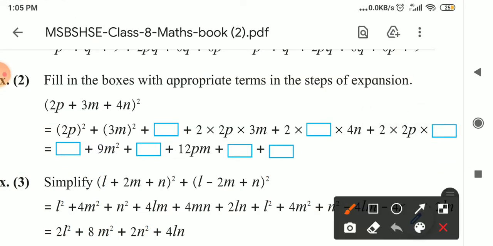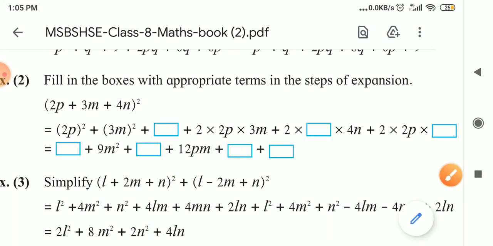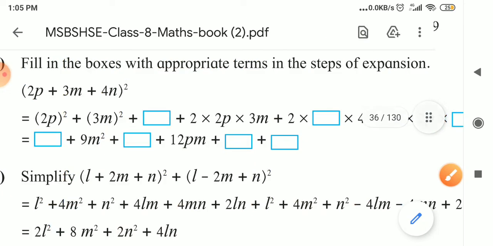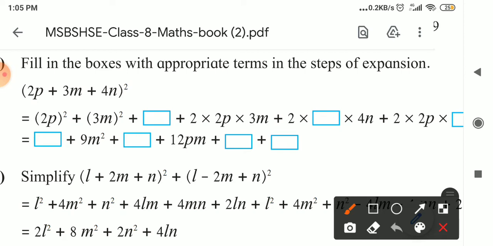Now fill the boxes with appropriate steps of expansion. So first of all, according to formula, (a plus b plus c) bracket square, first term square, second term square, and then next is the third term. 4n square, 4n square. 2 into ab means first two terms, then 2 into bc means these two will come here.